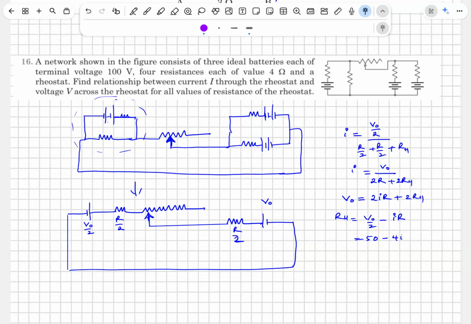Thevenin's theorem, if used, what happens? Across the resistance, your points will become A and B like this. What is the effective resistance across AB? R by, right. What is the potential drop across AB?